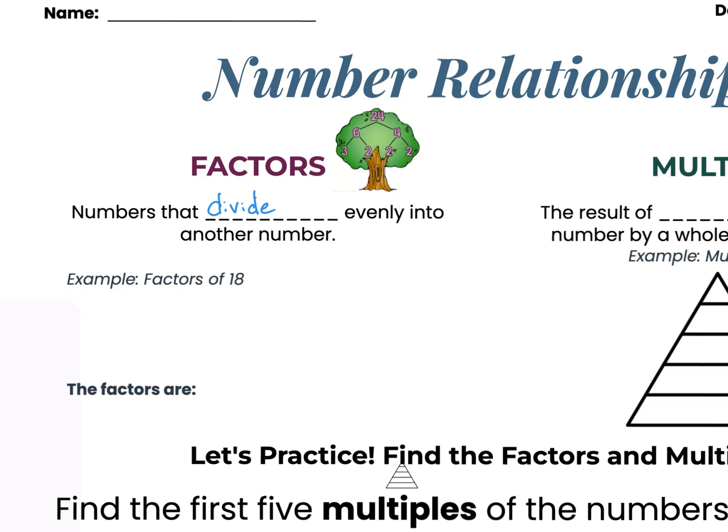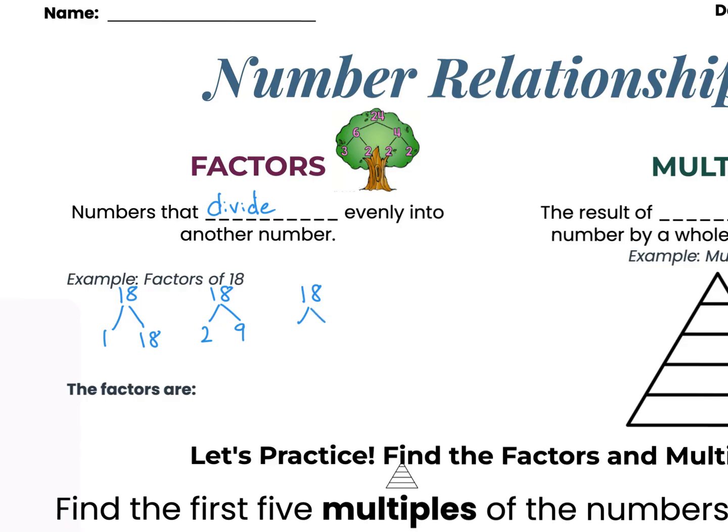So when we look at 18, for example, we can find factors of 18 by thinking what times what equals 18, or 18 divided by what equals. So we could have 1 times 18, that would be a factor pair. 18 is an even number, so we could also do 2 times 9.